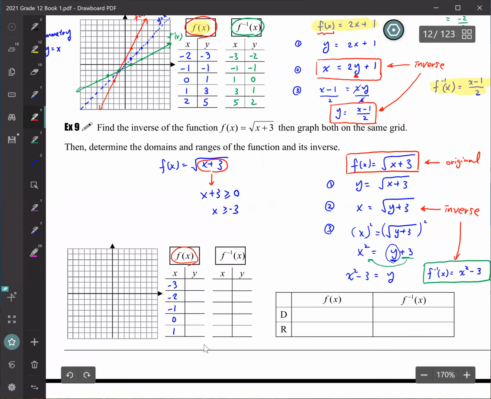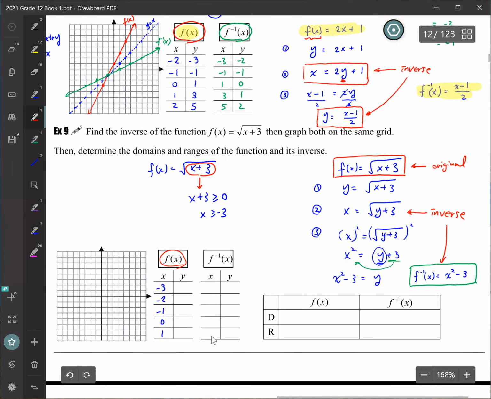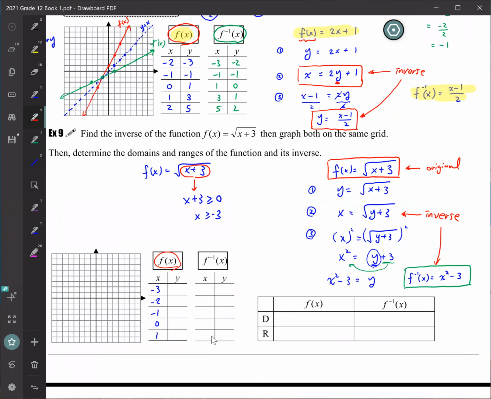Raise your hand when you've done both, the graphing and the table. For the original, we're going to use red, just like last question. And then for the inverse, we use the green.